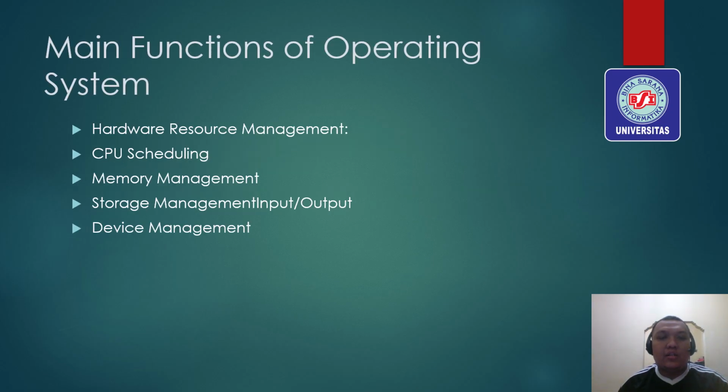And then the main functions of the operating system: the first is hardware resource management, the second is CPU scheduling, the third is memory management, the fourth is input or output management, and the fifth is device management.